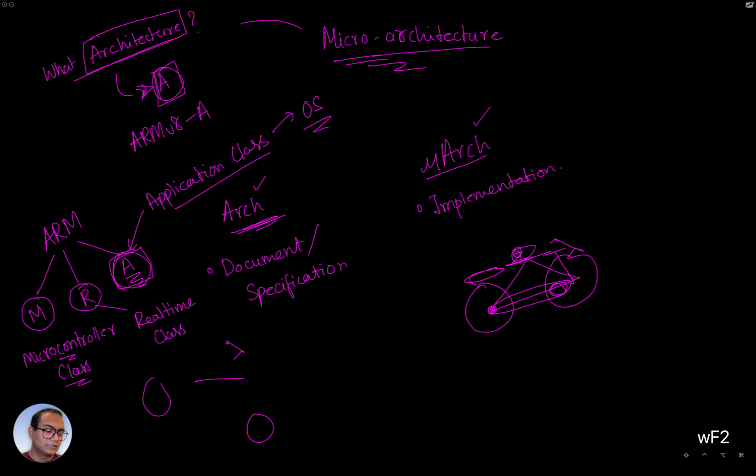Now, what are the different electronics that use the A class CPUs? Well, if you are aware of the Apple MacBook line, which is based on Apple Silicon, the Apple Silicon M1, M2, M3, and M4 SoCs are based on the A-class CPU. That's the heavyweight CPU in that. Similarly, I would say 99% of the smartphones out there are based on A-class CPUs.